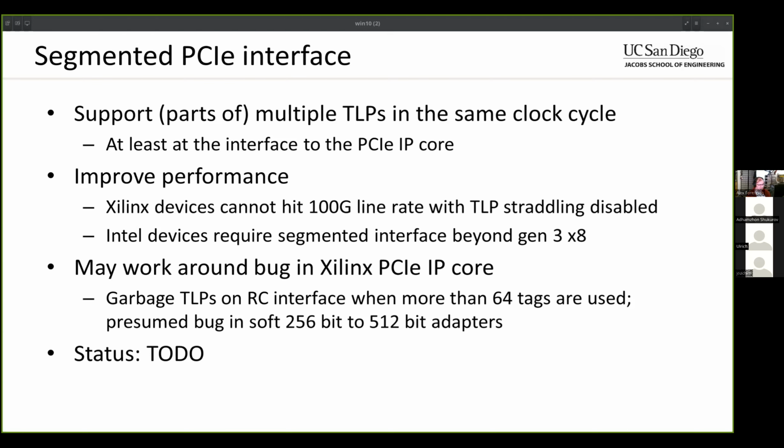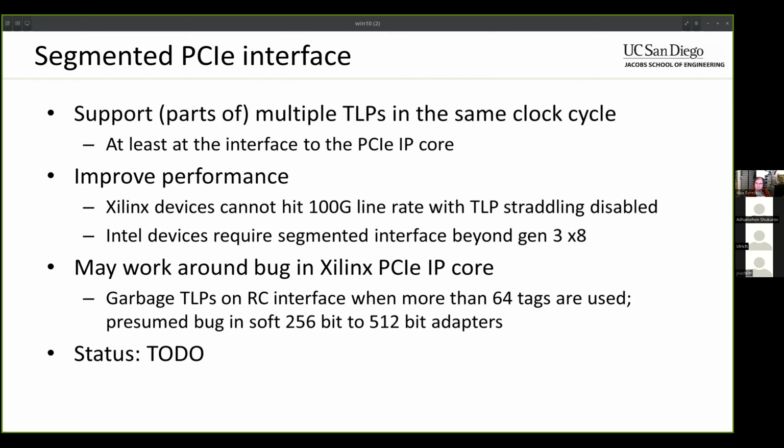Last week I did some poking around to try to isolate what exactly was going on here. Now that I have the PCI Express DMA code, I have a more repeatable way of testing the interface and stressing it, seeing where things break. So I dropped an ILA on there and discovered that under certain circumstances, the Xilinx PCIe IP core is giving you garbage TLPs on the RC interface.